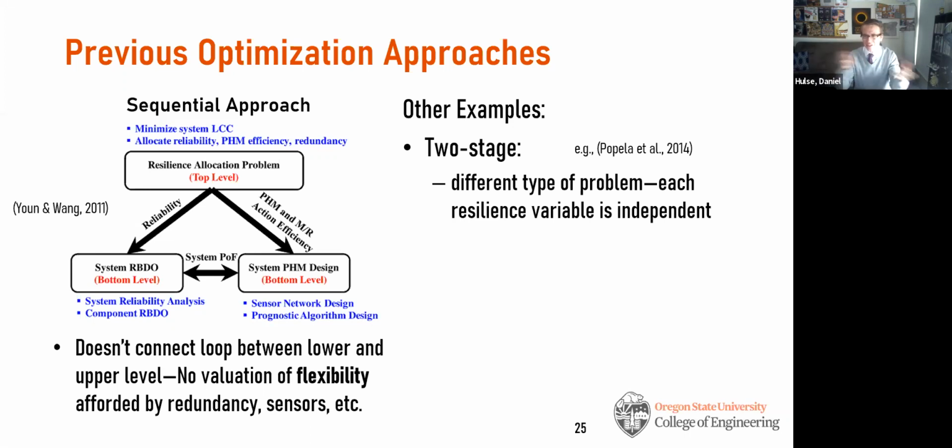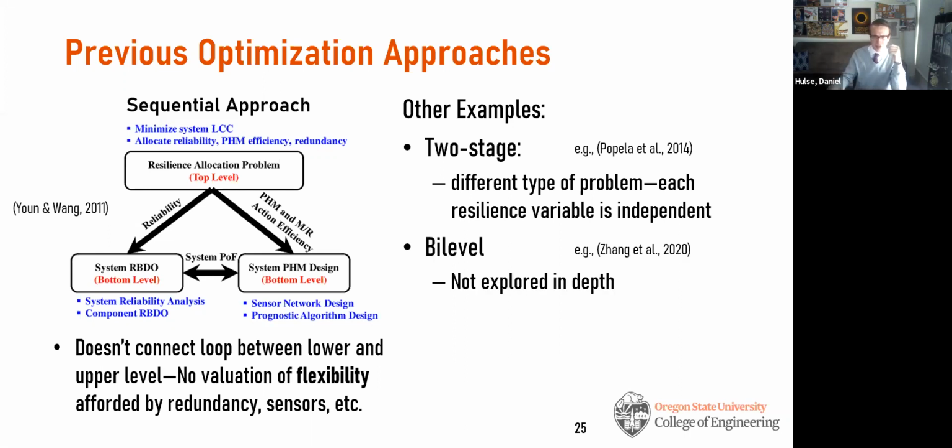And so we actually want to consider a different type of problem, which means we don't include this in our comparison. Another approach that's been put forward in previous work is the bi-level architecture.